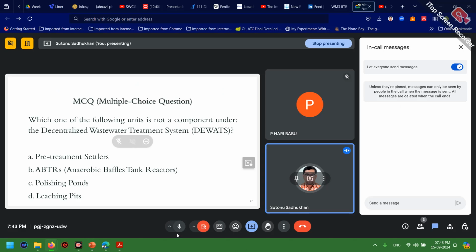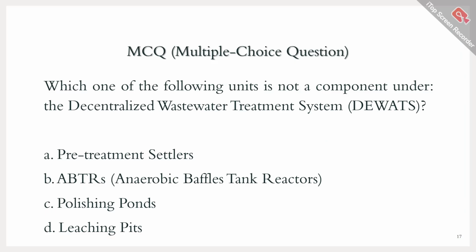Please type the correct option in the chat box. Okay, I'll move on to the solution.